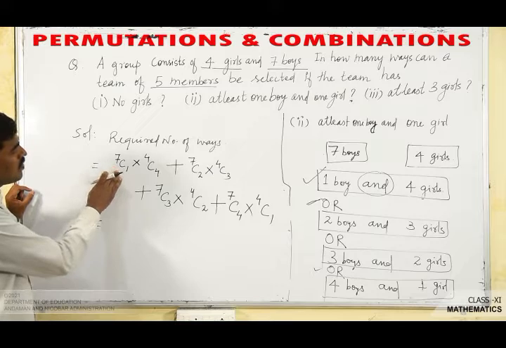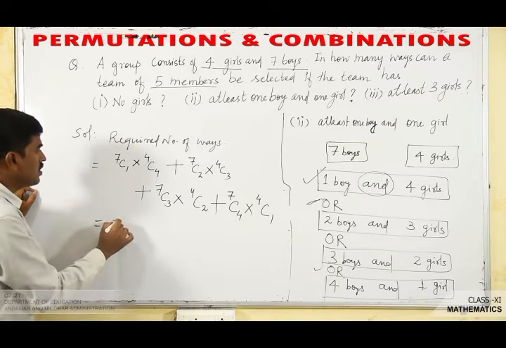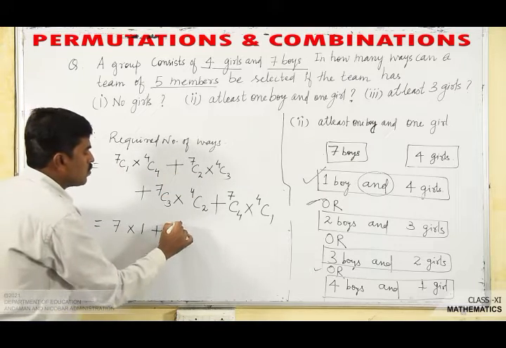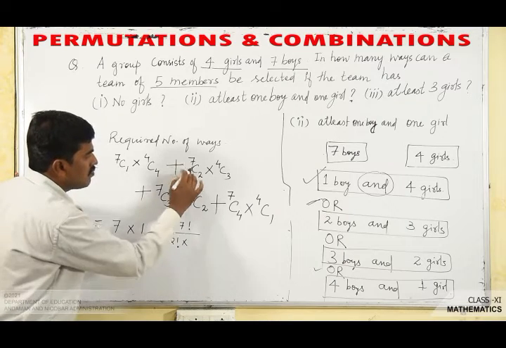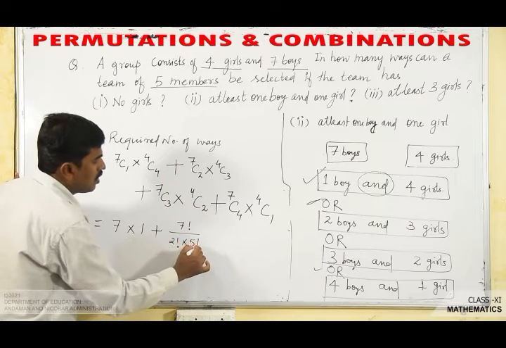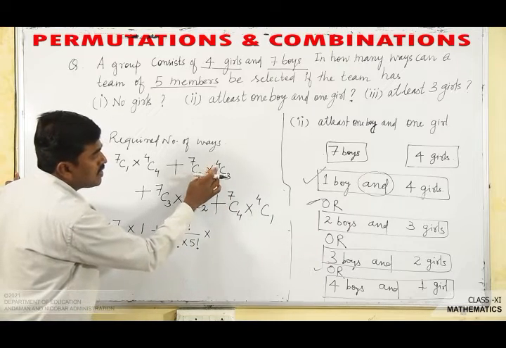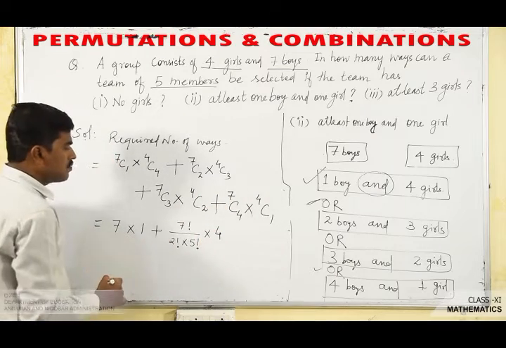Just find the value of 7C1. We can write directly the value of 7C1, that is 7, into 4C4, that is 1, plus 7C2, that is 7 factorial divided by 2 factorial into 7 minus 2, that is 5 factorial, into 4C3. What is the value of 4C3? It is in the form of nC(n-1), so its value is n, so it is 4.